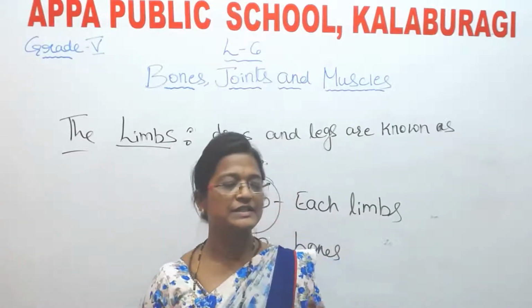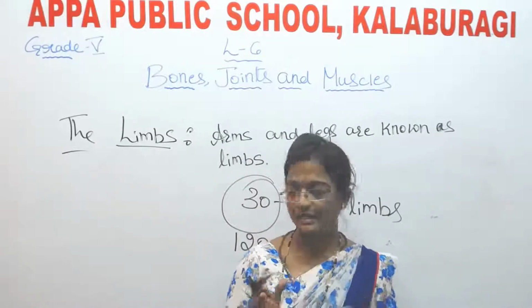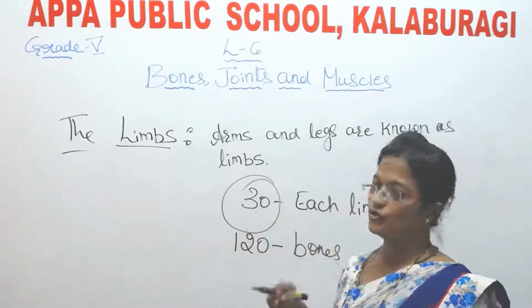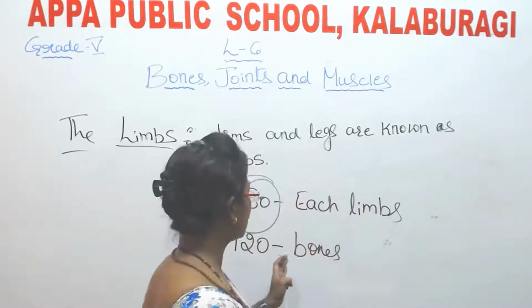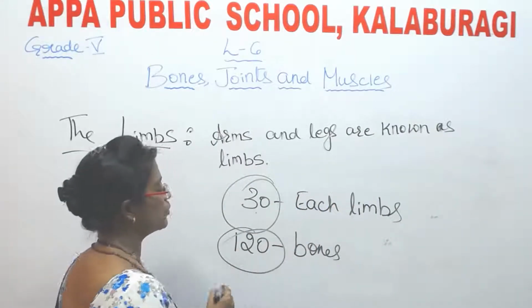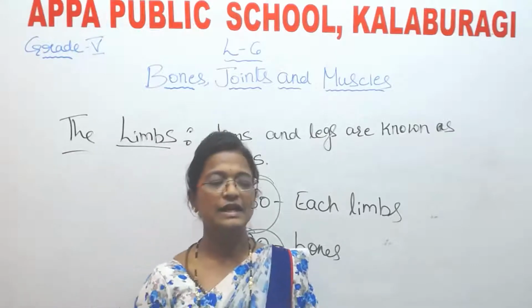Okay. So each limb has 30 bones, and overall there are 120 bones present in our limbs.